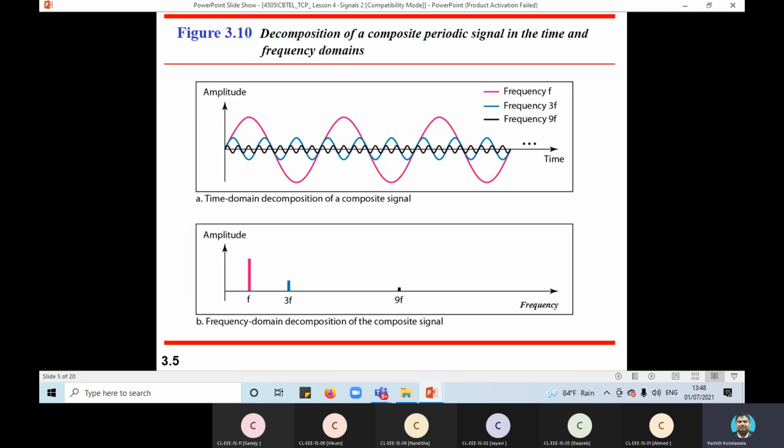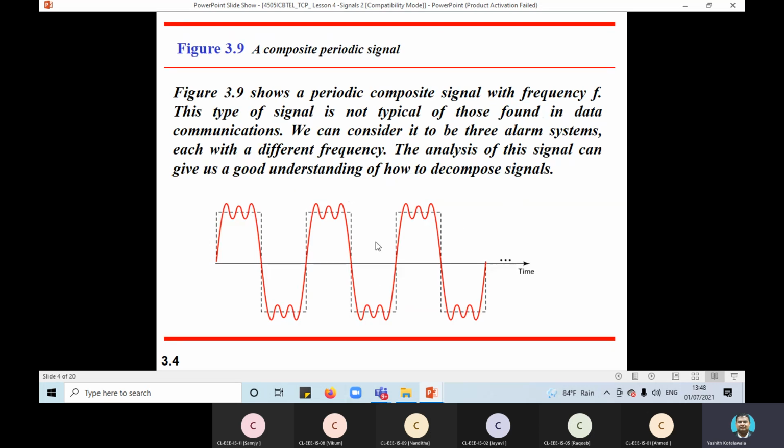So here it says decomposition of a composite periodic signal in the time and frequency domains. Now assume if we decompose this, right? I'm going to graphically explain everything because I want you to understand the concept of this, because you are getting another solid chance of mathematically understanding this, but the concept going to the mind first is much more important.